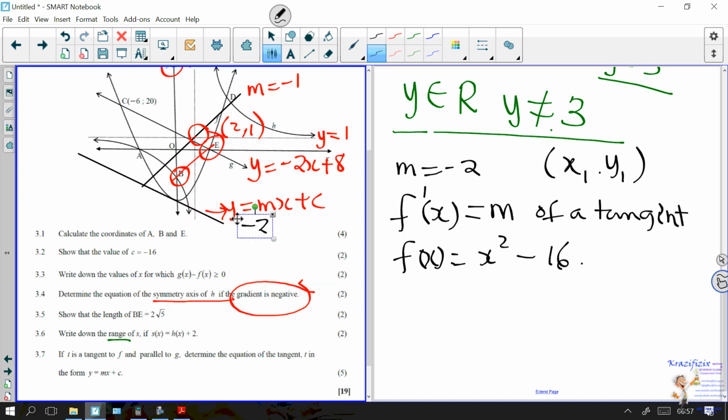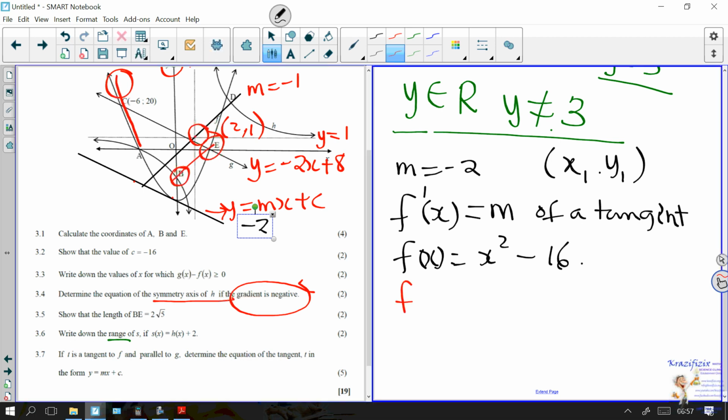So if I derive that, remember, this straight line is a tangent to f of x. So if I find the gradient here of f of x, it is going to be the gradient at the point of intersection. So what is the gradient here? 2x. But I know that this must be equal to the gradient. So 2x equals negative 2. What is x therefore? Negative 1.